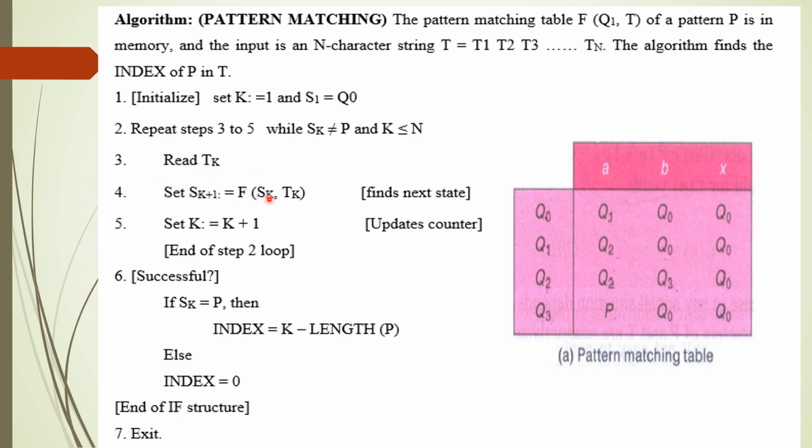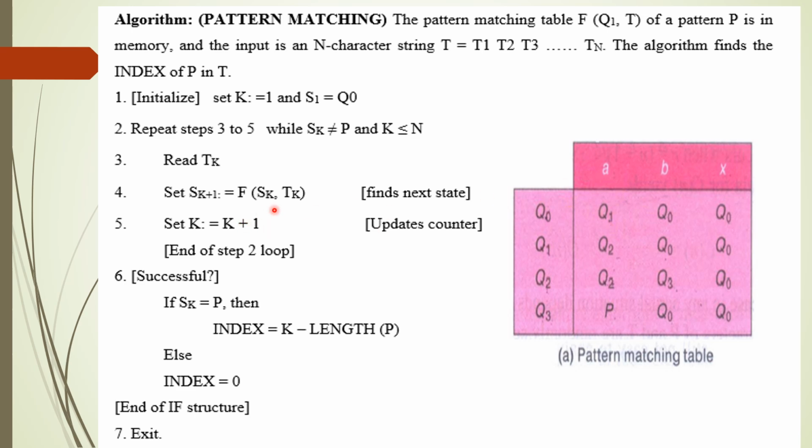Now you check which is the next state you are going to obtain by reading the first character of the text. Let us assume that the first character of the text is A. F is this table, F of S1 comma T1. S1 is Q0 here, and T1 we have assumed is A. So F of S1 comma A is Q1.